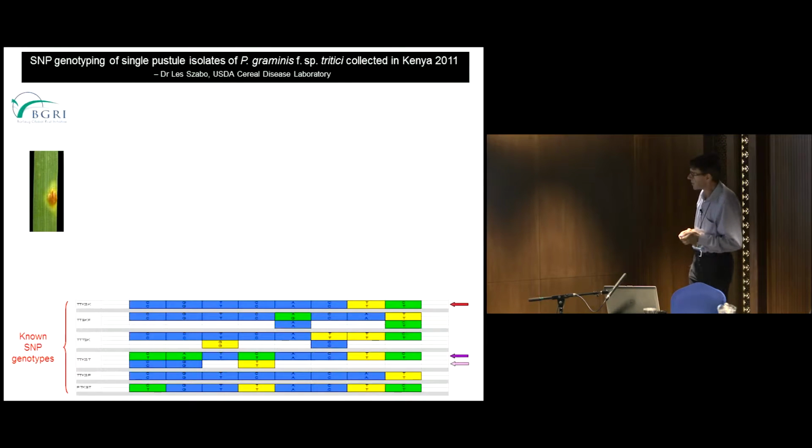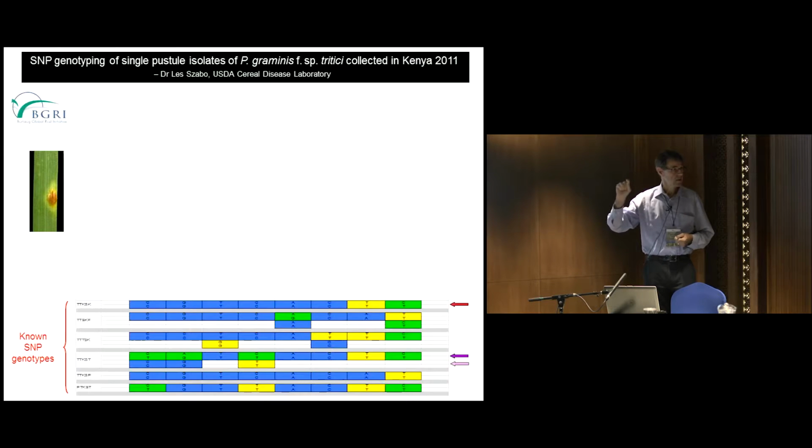So in this case, the first one is TTKSK, and this may have changed since this data, but he was only able to find one genotype for that pathotype when he looked at multiple isolates of it. So this particular genotype for those 9 markers, or however many it is, is diagnostic, you could say, for race TTKSK. So when he sees this genotype from that single pustule, he would say this isolate is probably TTKSK, without doing any seedling tests in the greenhouse.